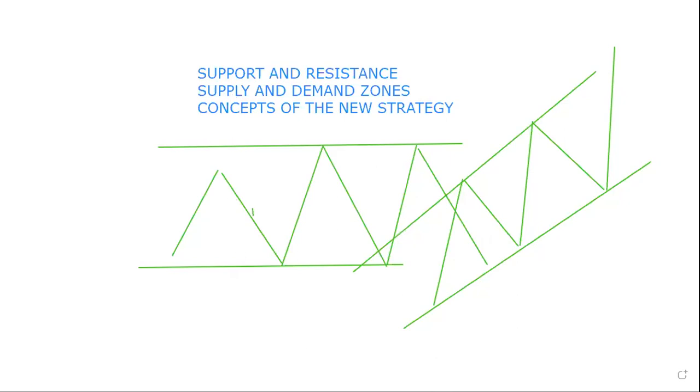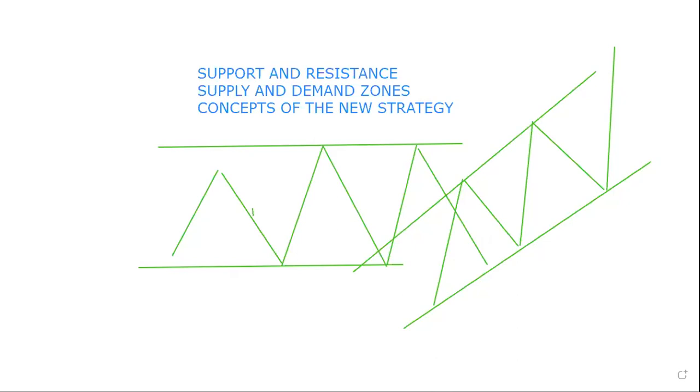So on supply and demand, a supply zone is a point where price is likely to fall, and a demand zone is a point where price is likely to rise. Supply and demand zones form from the banks and other big players' buying and selling zones.